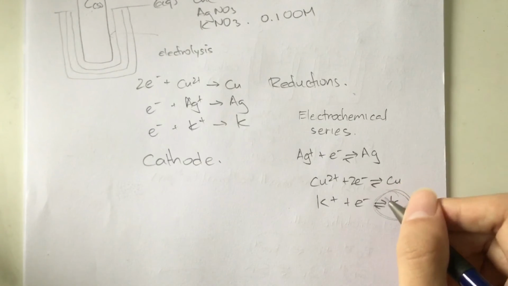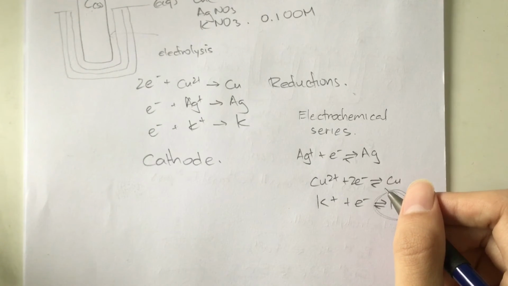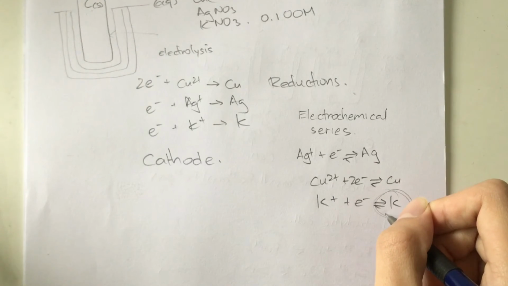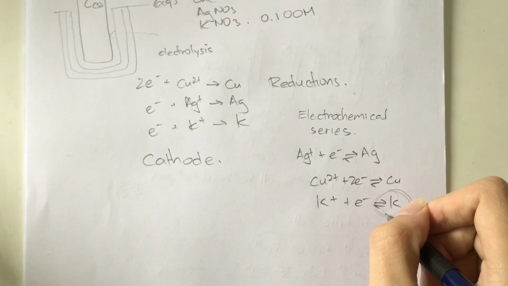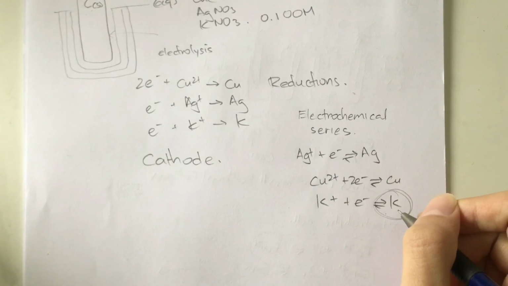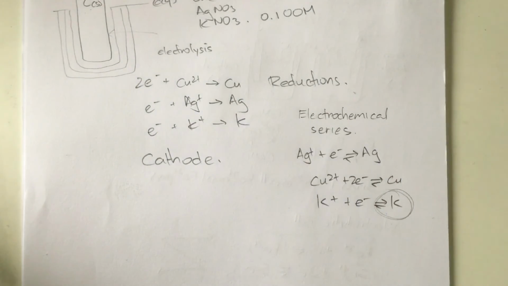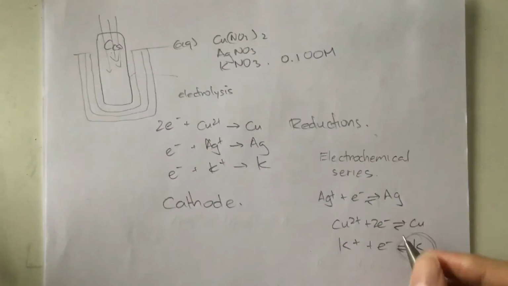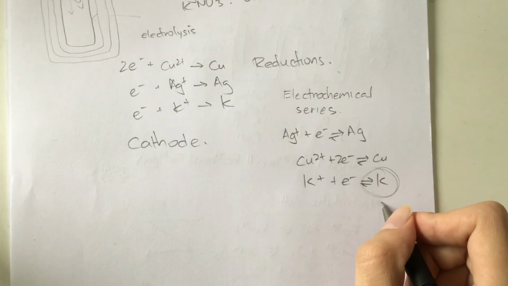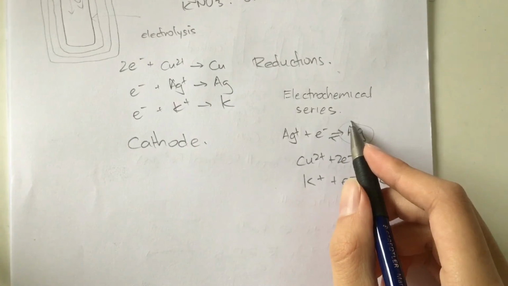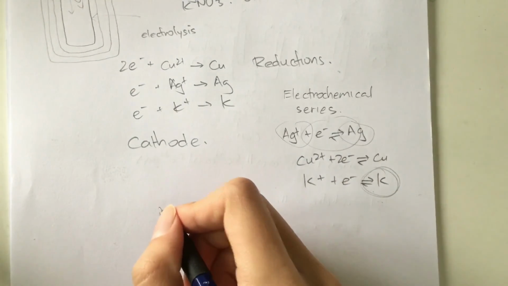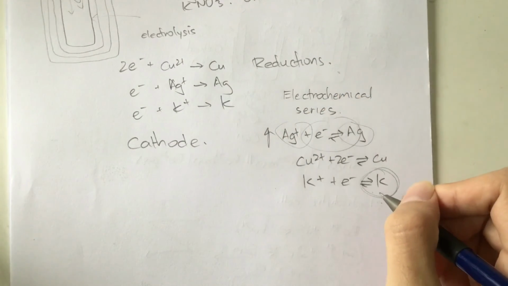Now potassium here wants its electrons the least. It does not want electrons at all. So when you're pumping this electrode full of electrons, potassium's going to be like, I don't want any. But silver here, which wants its electrons more, will take the electrons first, because it's the highest here.